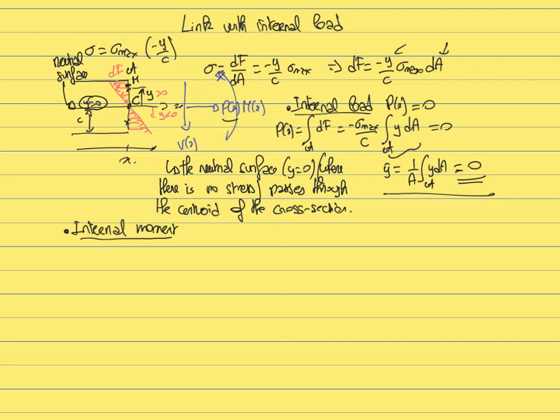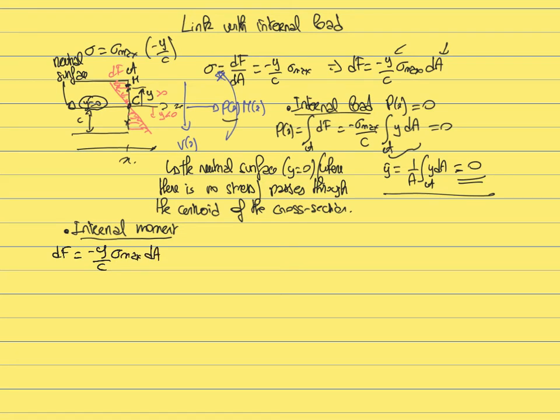So how do I get that? You have all those small forces dF. They are equal to, I have already this expression, minus y over c times sigma max times dA.